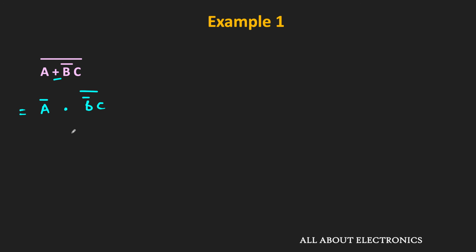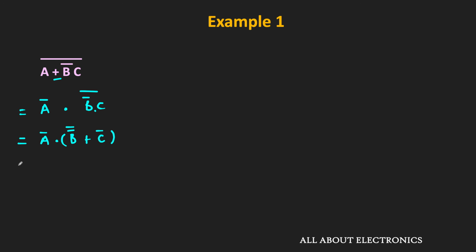So once again, now let us break this bar. Now we will have this A bar dot B double bar and this C will become C bar. Moreover, this AND operation between this B bar and C will get converted into the OR operation.